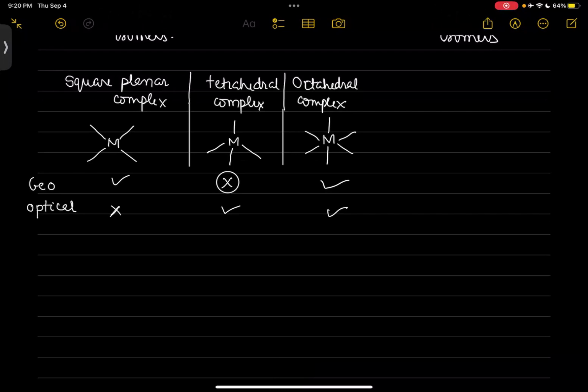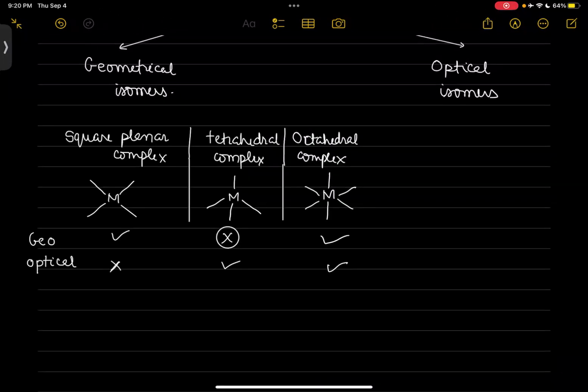We will take the examples. In tetrahedral complexes, there is nothing same or opposite. They are all the same. All bond angles are the same. No two positions can be considered cis, no two can be considered trans.